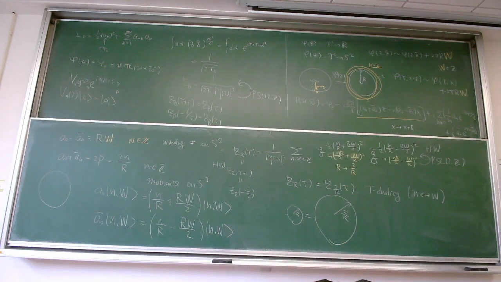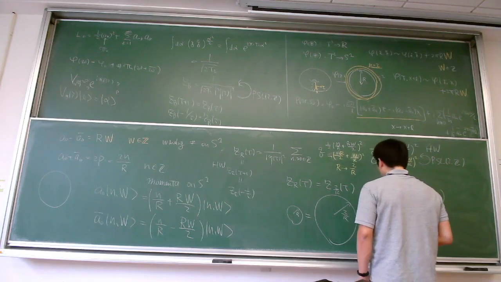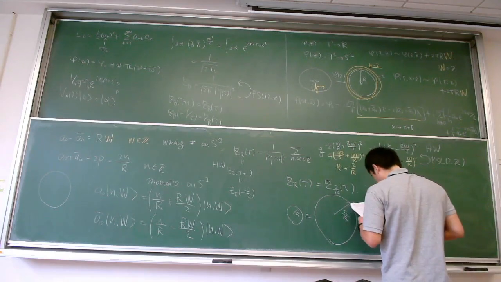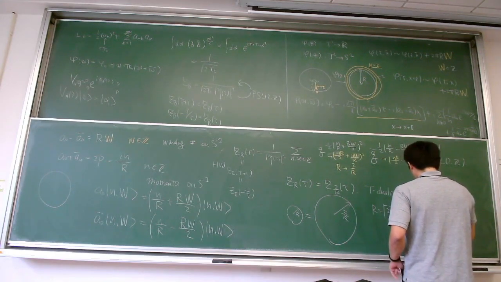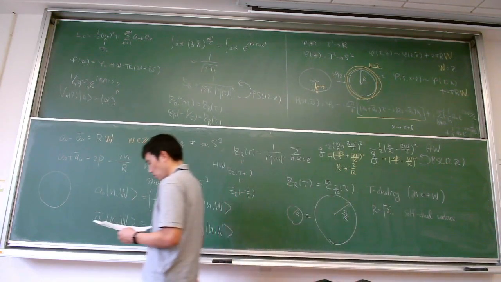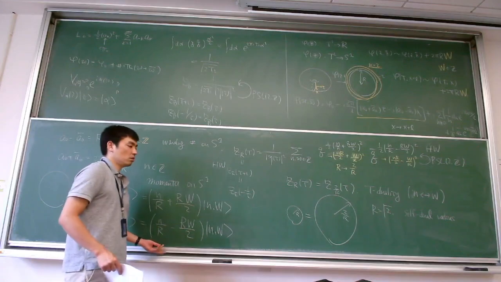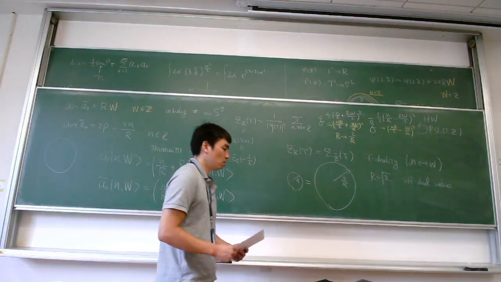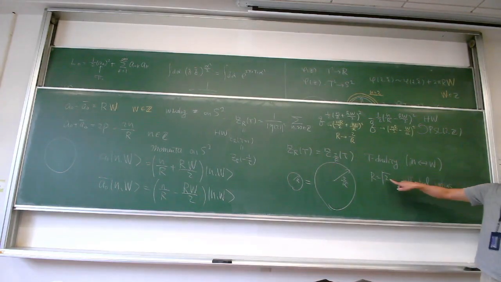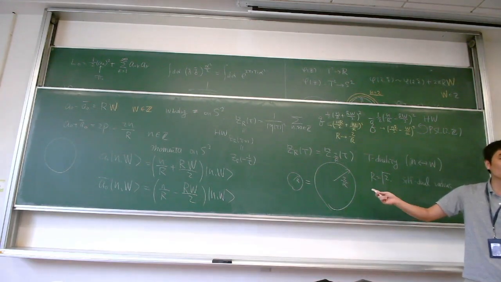And then, of course, something special happens when R is equal to square root 2. Then it's called the self-dual radius. If you substitute R equals square root 2, they are the same, since 2 over square root 2 is square root 2.